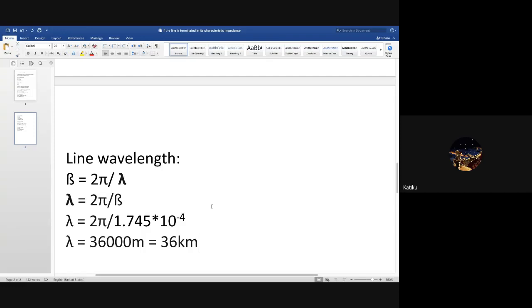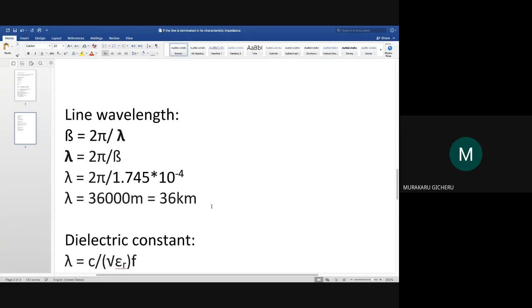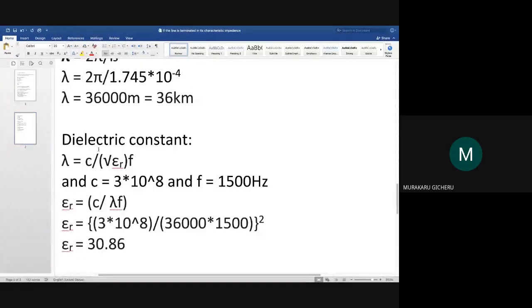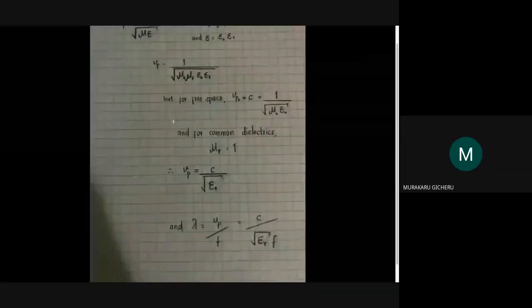Lambda is equal to the speed of light divided by the root of the relative permittivity of the transmission line's dielectric times the frequency of wave propagation. Again, I have it over here.